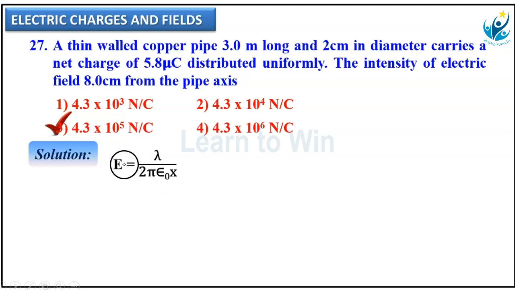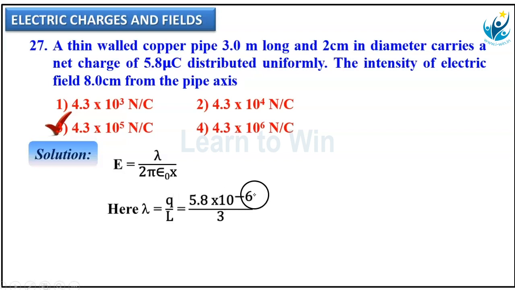What formula we are going to use? E equal to lambda by 2 pi epsilon naught x, where lambda is linear charge density, which is charge by length. Charge is 5.8 microcoulomb. 5.8 micro means 10 power minus 6 coulomb by length of the wire, that is 3 meter, by 3.